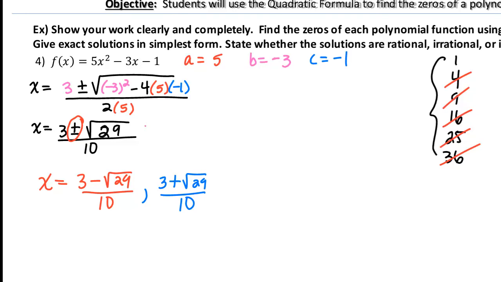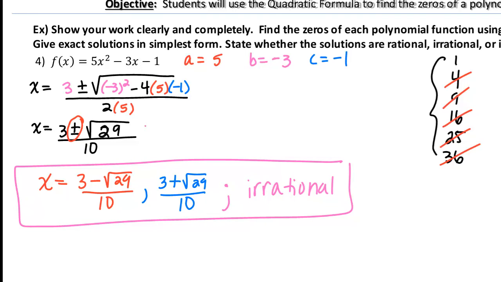And then both of those have square roots. So are they rational or irrational? Irrational because they have a square root. So that's your final answer there.